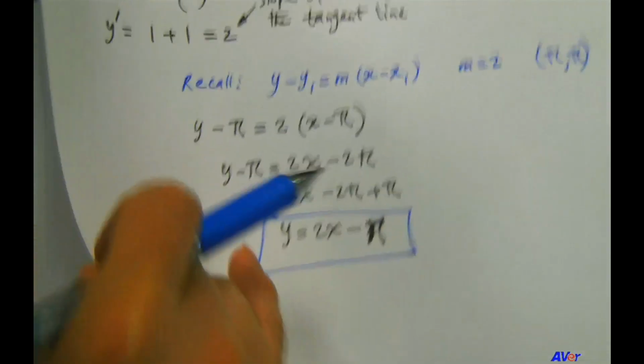Okay, so let's do one more example of yet another type. So this will be page 9.